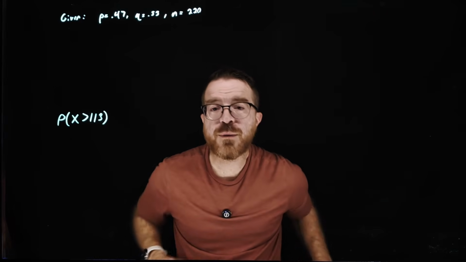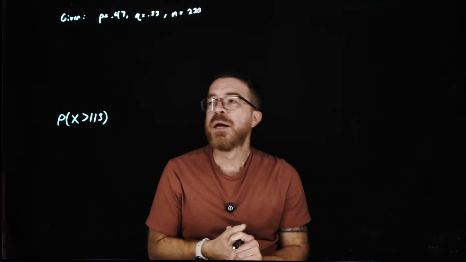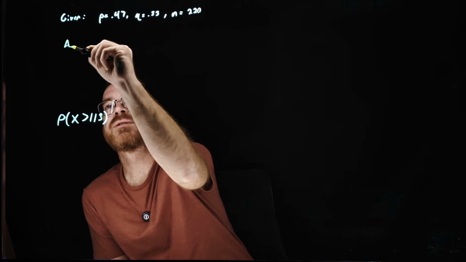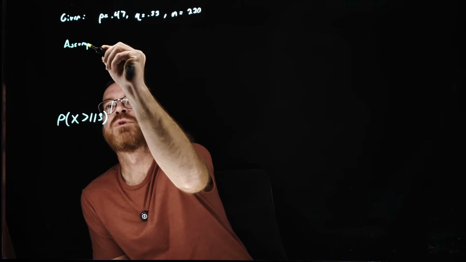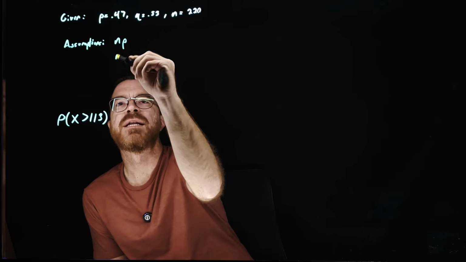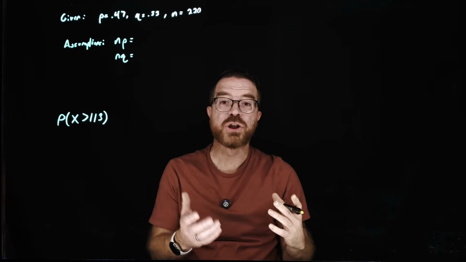So what I want to do is use the normal approximation to this binomial probability. The first thing I need to do is make sure that I can. So I'm going to check my assumptions, which are NP and NQ being greater than or equal to 5. I need to show that this is true.